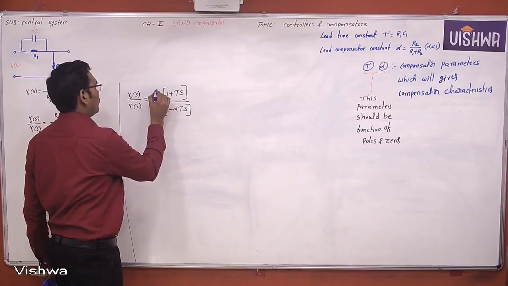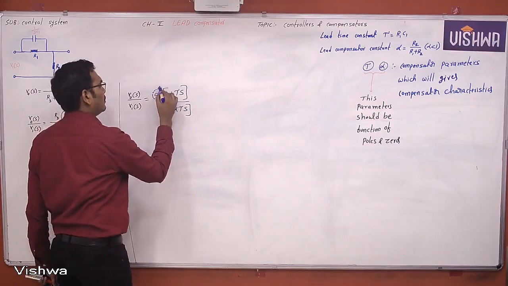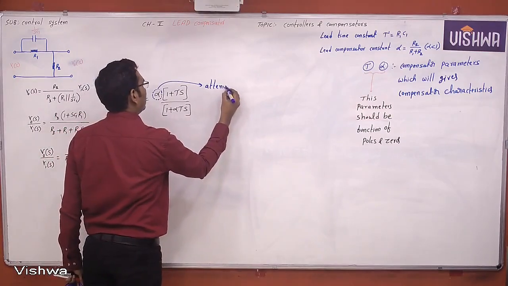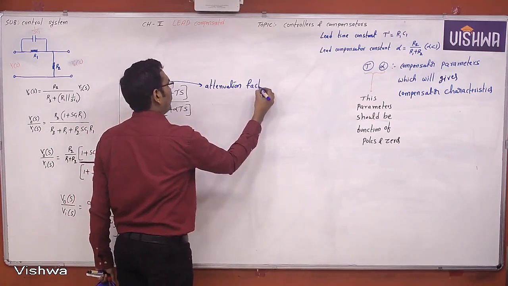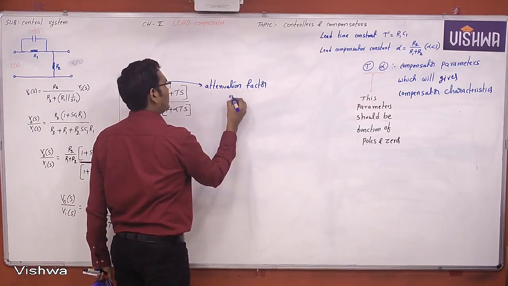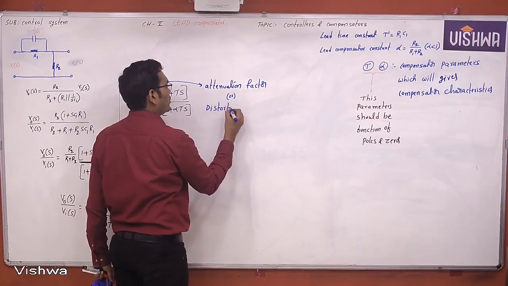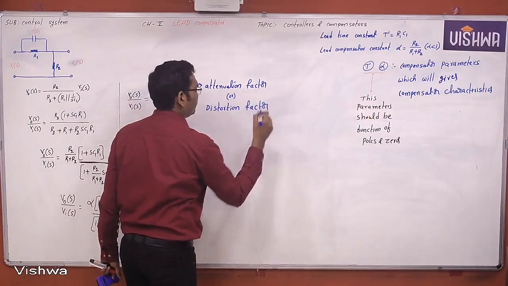Therefore, this is not the compensator parameter, this is some attenuation factor which will create some distortion. Therefore, it is also called the distortion factor because our characteristics are disturbed.